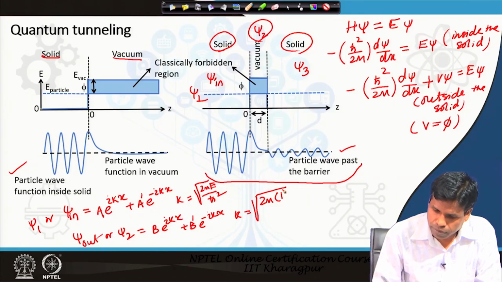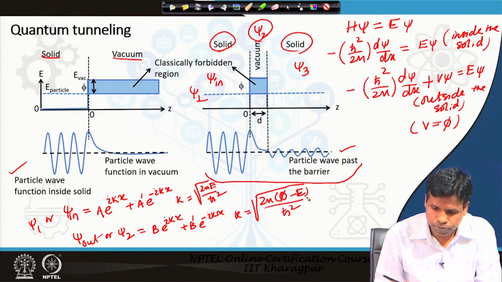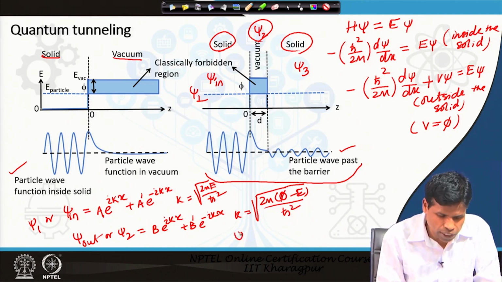So I can write V minus E or phi minus E, divided by h cross square. This is psi 2. Similarly, this is psi 3 inside the solid.